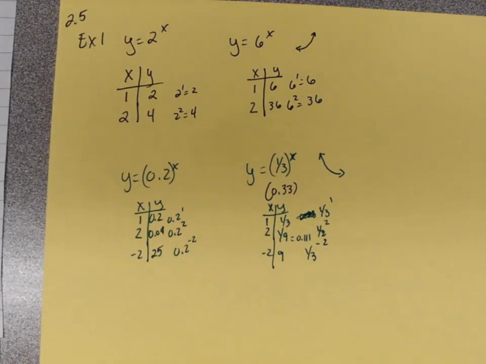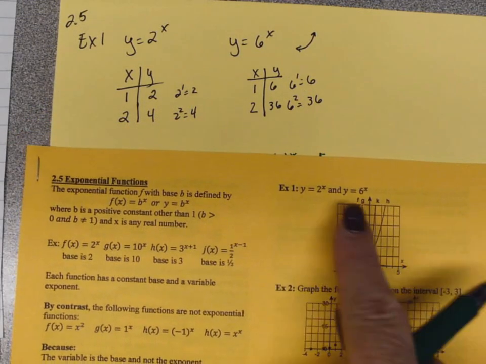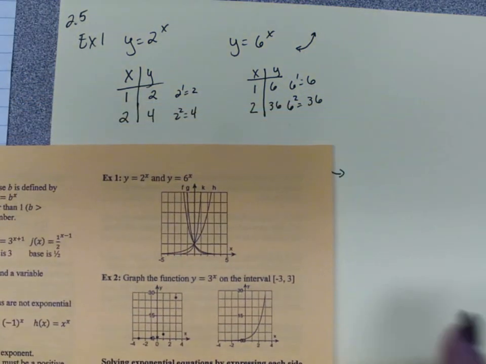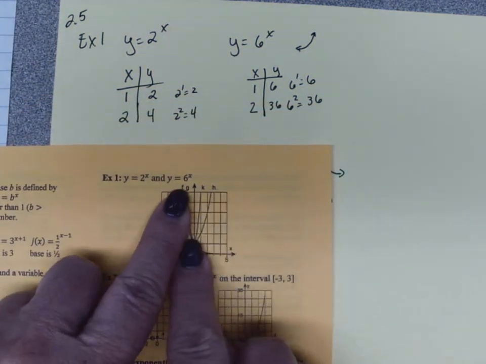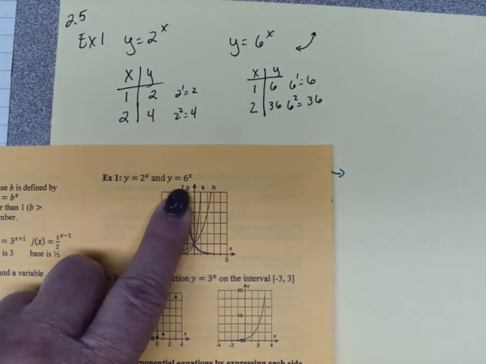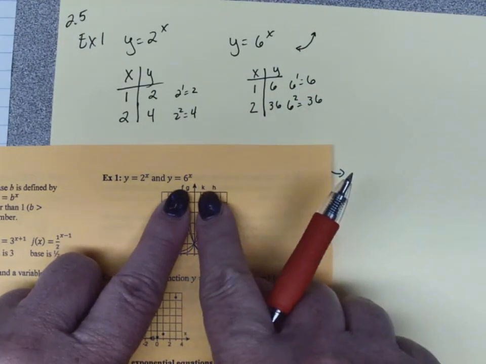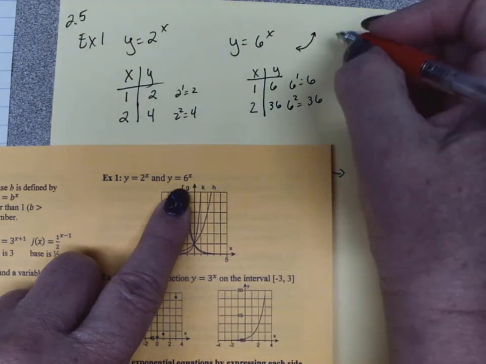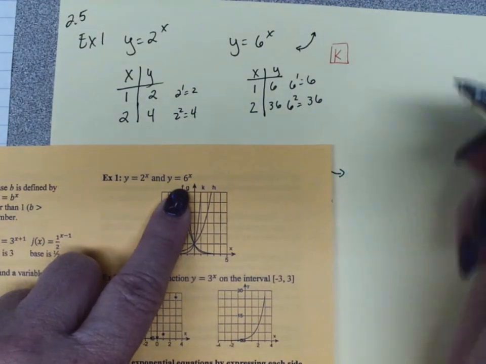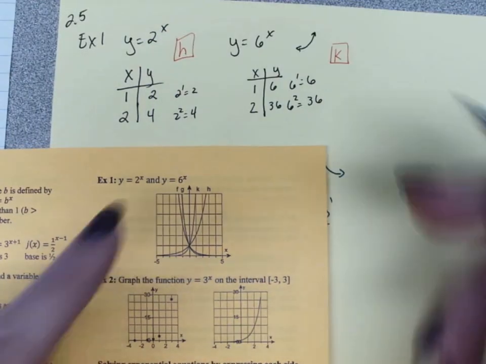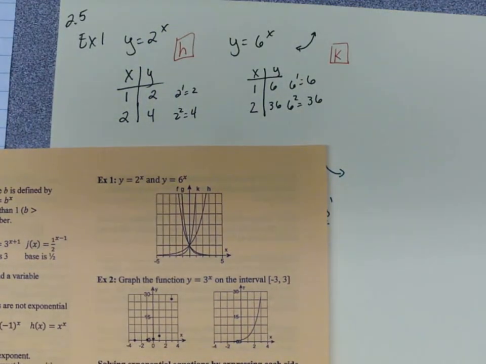So let's look at our graph. We have 4 graphs on here. We know that H and K are going to be for these 2 graphs up here. Because y equals 6 to the x will be a steeper curve, this one is going to be graph K. Graph H will go to y equals 2 to the x.